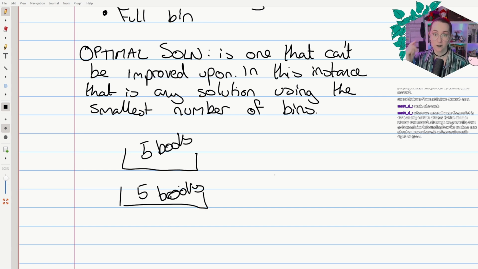Then both of my shelves are full. I've used the fewest number of shelves possible. Which 5 of those books are where doesn't necessarily matter. Having 5 and 5 and then swapping them is also a different solution that is also optimal. We don't really care about permutation in this case. The only thing that matters is the number of bins, or the number of shelves in that example.